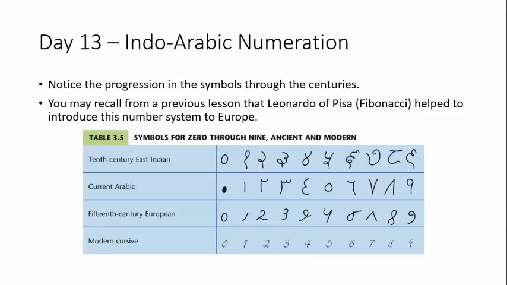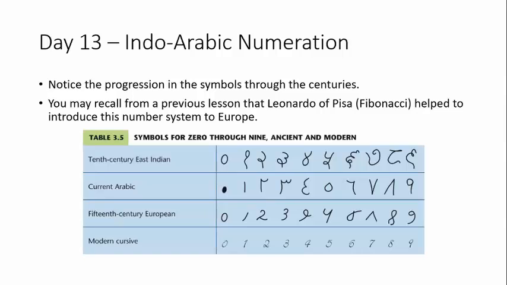And finally, the Indo-Arabic numeration. The numbers we use today are descendants of the original Indian and Arabic symbols. You may recall from a previous lesson when we were talking about Fibonacci that Leonardo traveled with his father, who was a merchant, and he learned about the numeration system from this area.